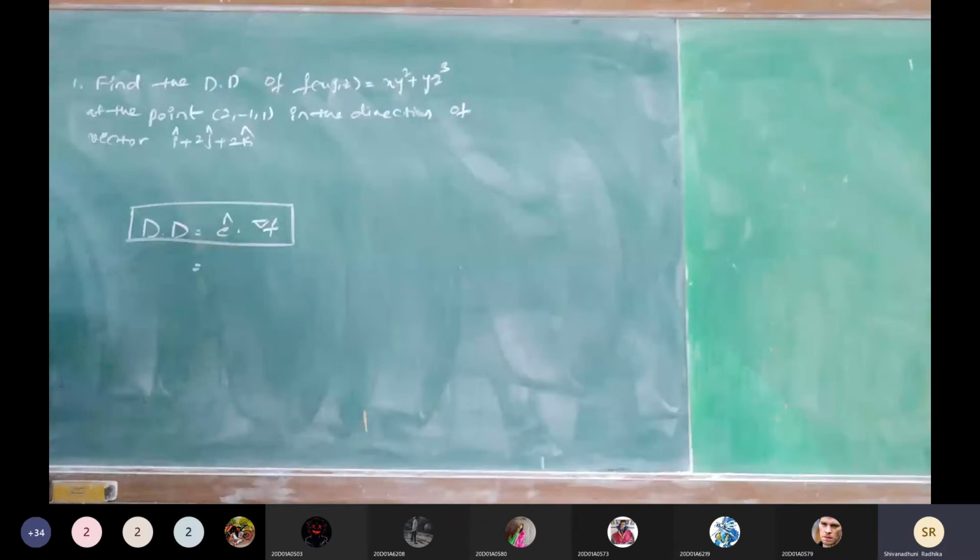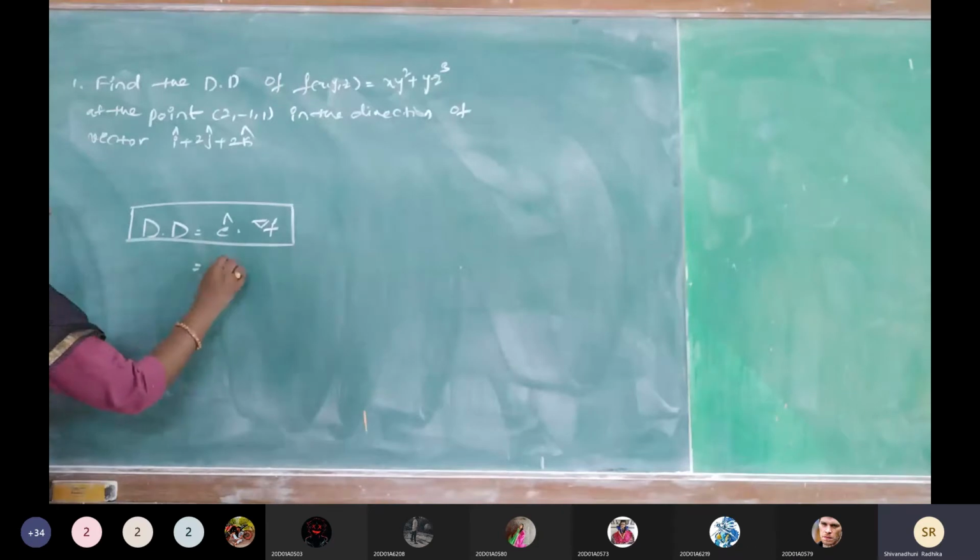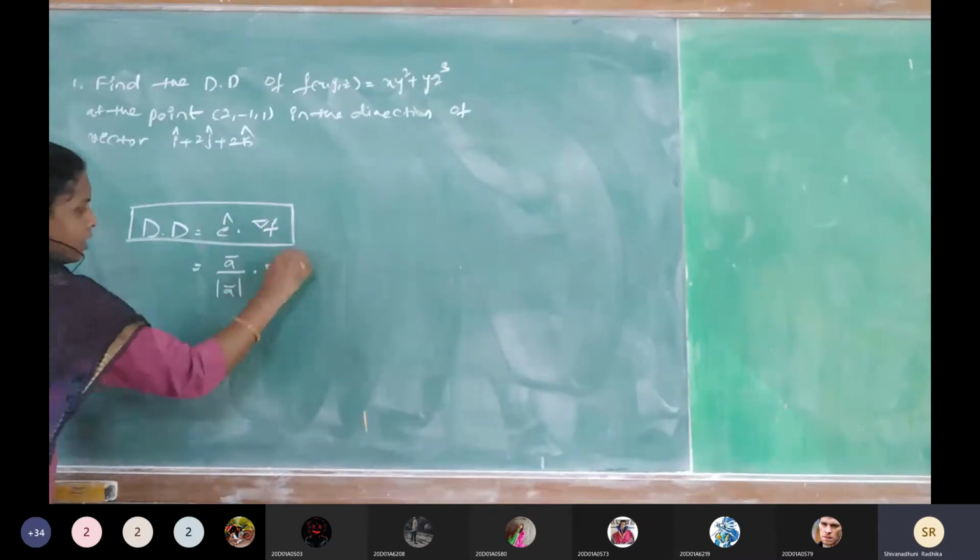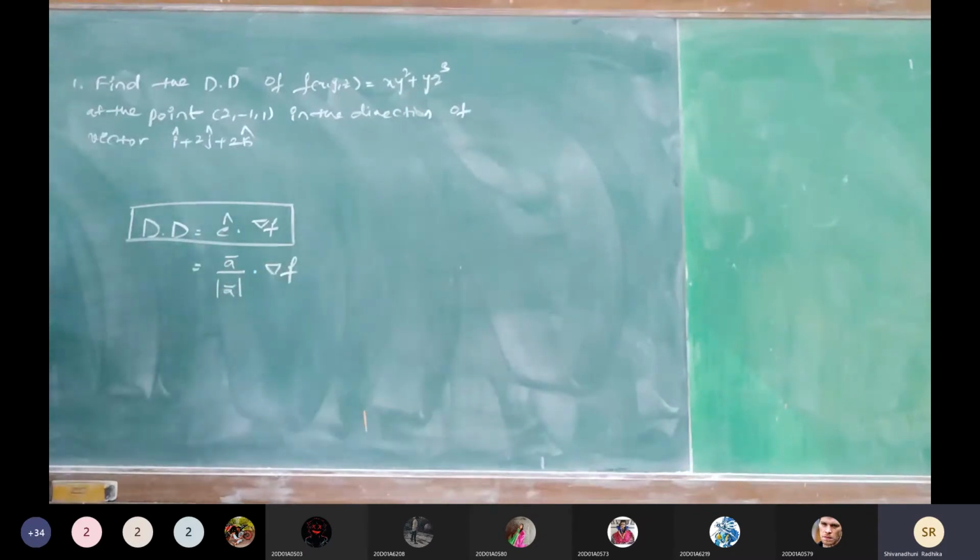E cap is a unit vector, which can be written as A bar by modulus of A bar. So the directional derivative formula is A bar by modulus of A bar dot del f.